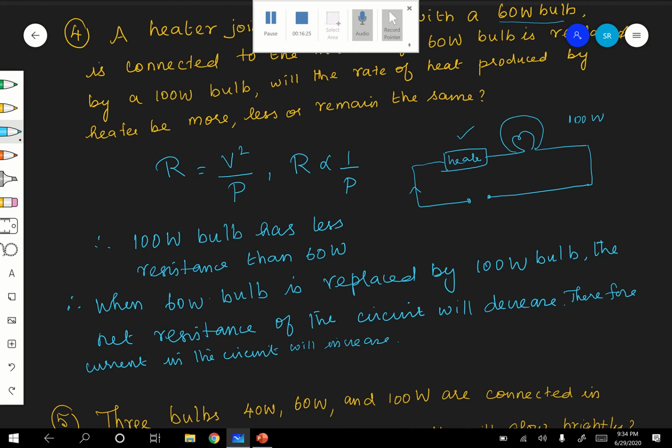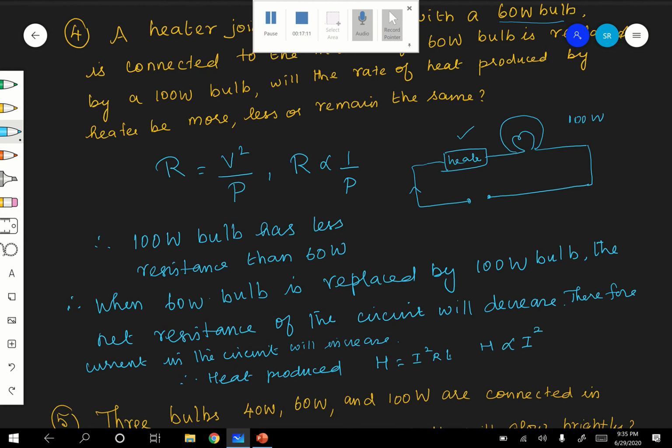Therefore, what will be the heat produced? Here you are asked for heat produced. Heat produced H is equal to I squared RT.